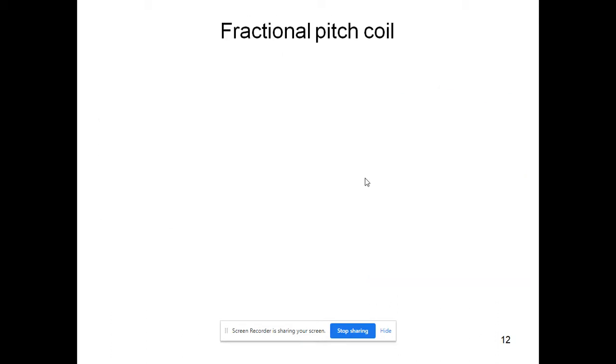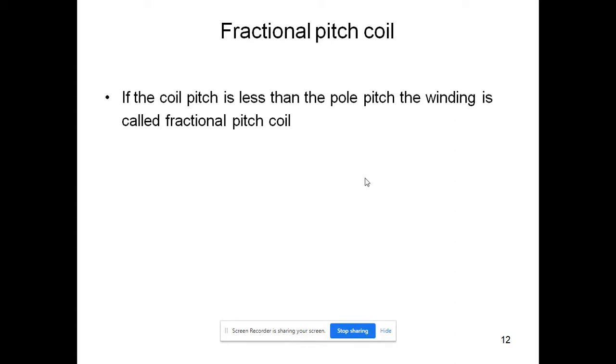Now let us see the next term, that is fractional pitch coil. In the previous one we learned about full pitched coil. Now we are learning about fractional pitch coil.